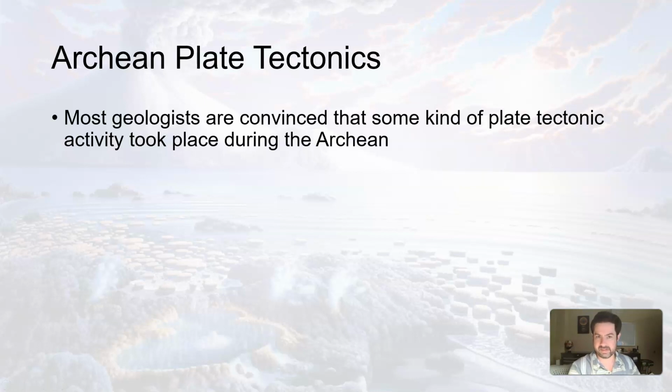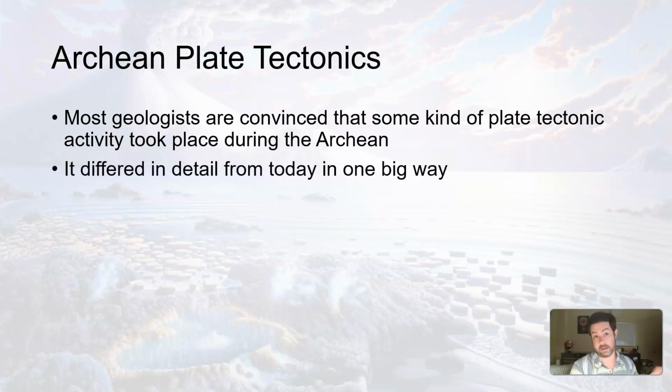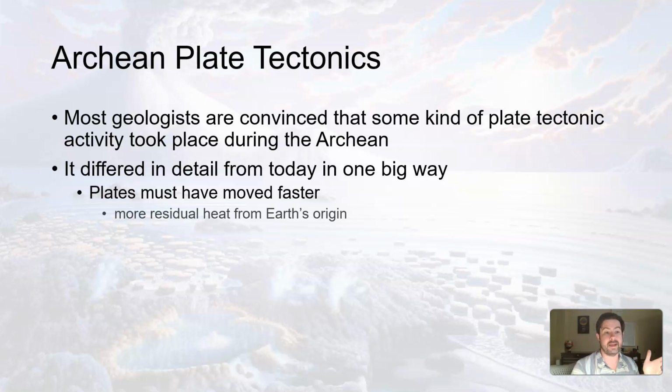So some sort of plate tectonics took place in the Archean, but there was one big way that it differed from today's plate tectonics, and it was that plates moved much faster. There was more residual heat left over from Earth's formation.